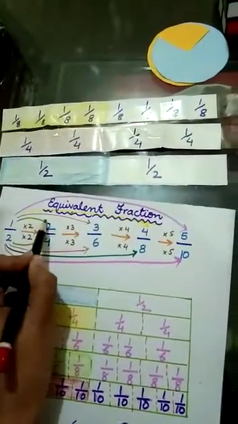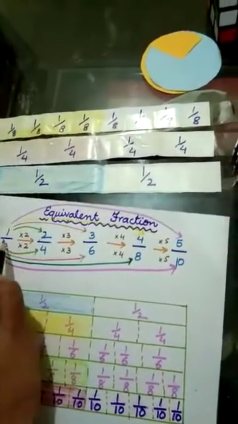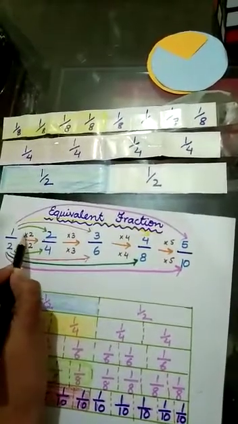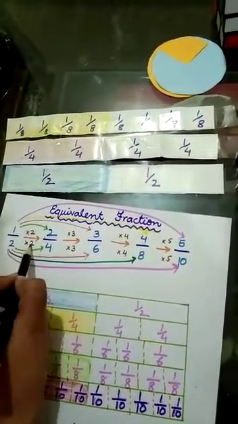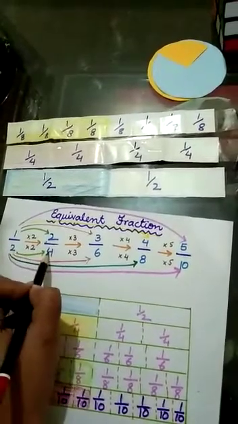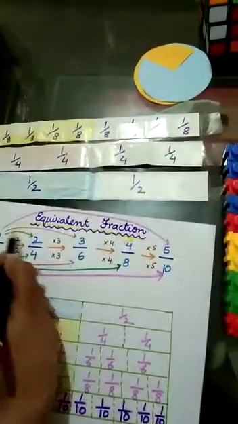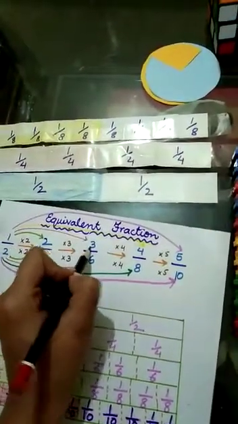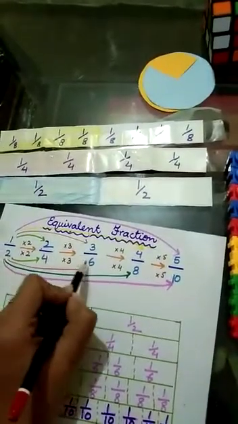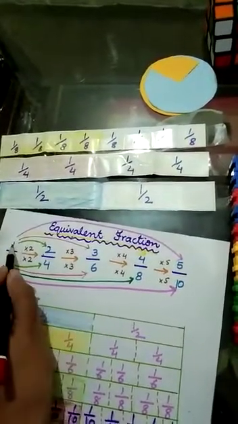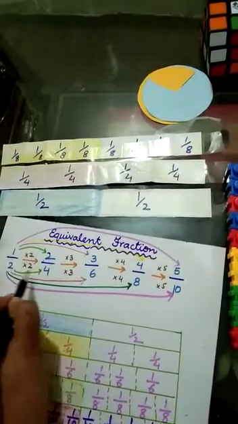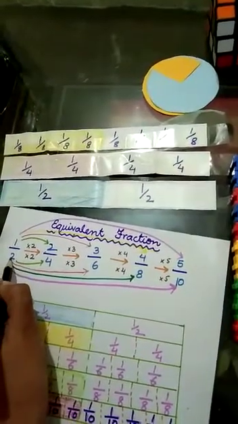Then 1 multiplied by 2 is 2. If I multiply the numerator by 2, I have to multiply the denominator by 2 also. 2 2s are 4. Now if 1 is multiplied by 3, it will be 3. And if 2 is multiplied by 3, it will be 6. As I have multiplied the numerator by 3, I have to multiply the denominator by 3 also.